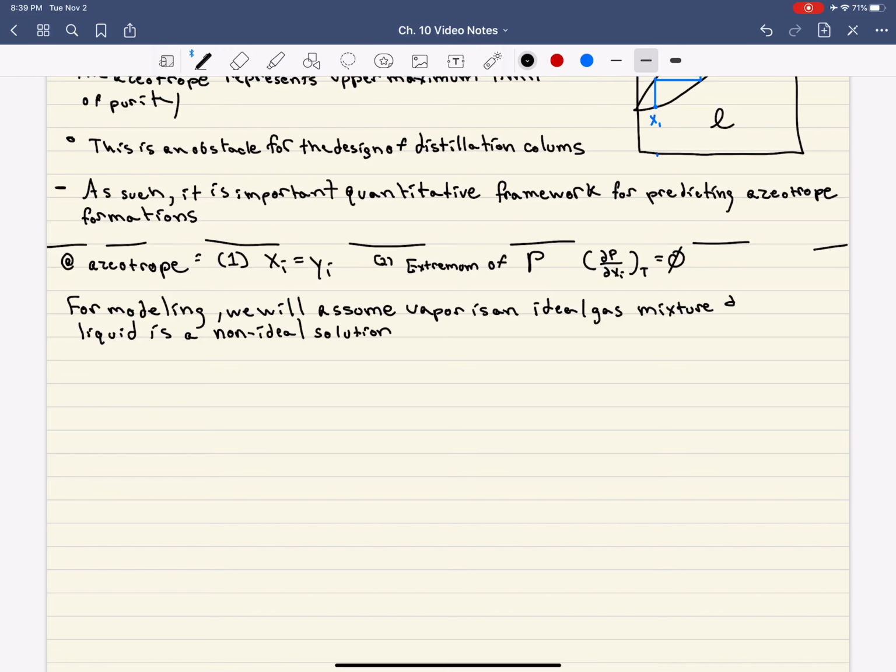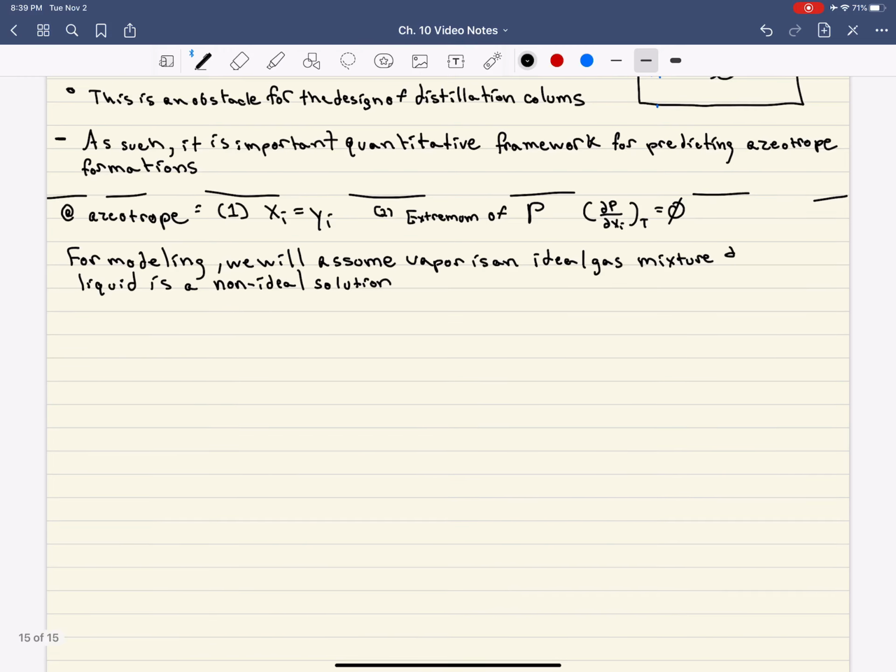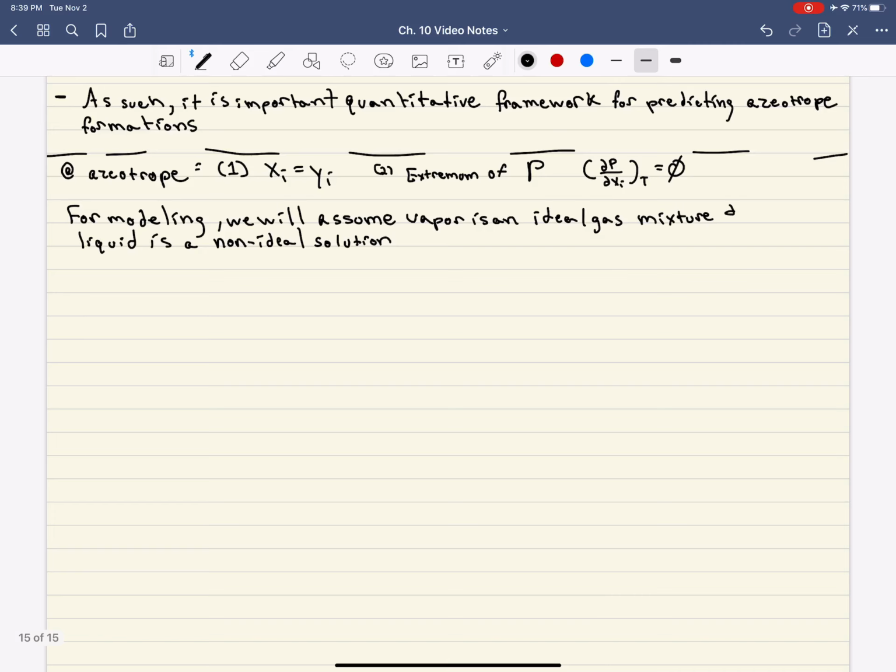For the vapor-liquid equilibrium, we could once again go to the modified form of Raoult's law, where our partial pressure, which is equal to yi times total P, is equal to xi times gamma i times pi sat.